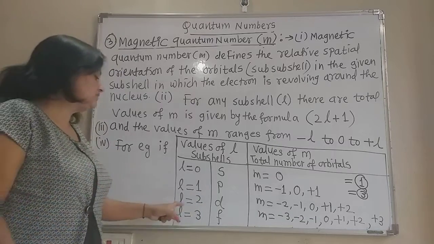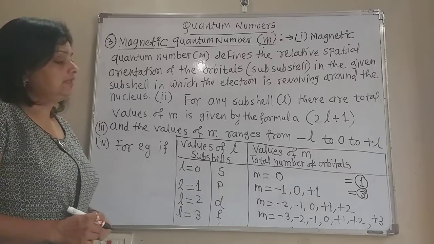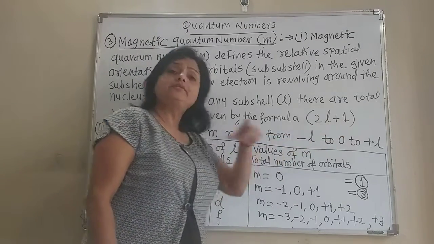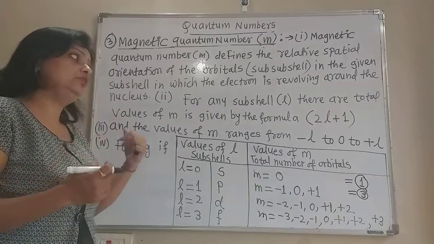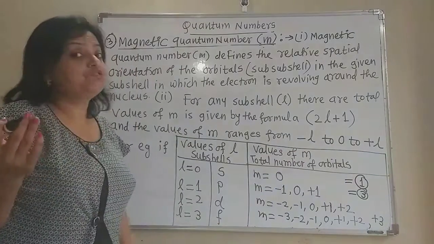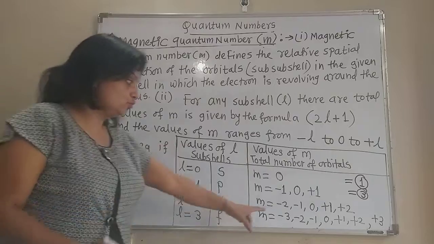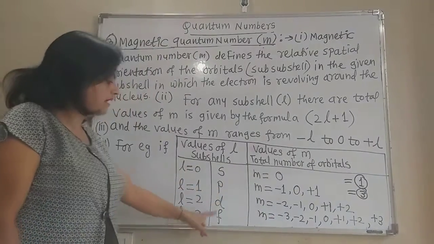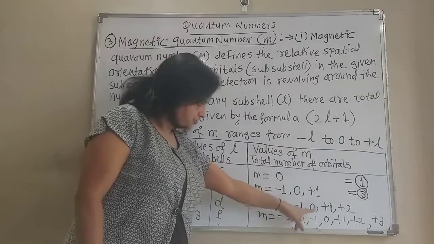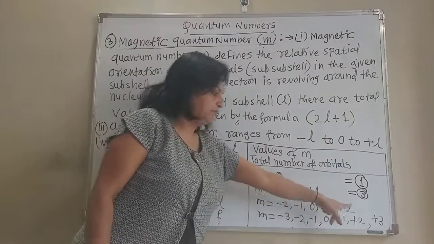If L is equal to 2, then there must be 5 orbitals. 2 into 2, 4, plus 1, that means 5 orbitals, and their values range from minus L, 0 to plus L, but L is equal to 2. So the values of M are minus 2, minus 1, 0, plus 1 and plus 2.